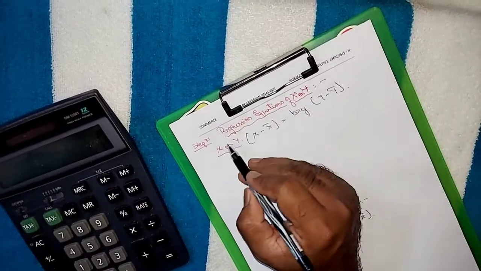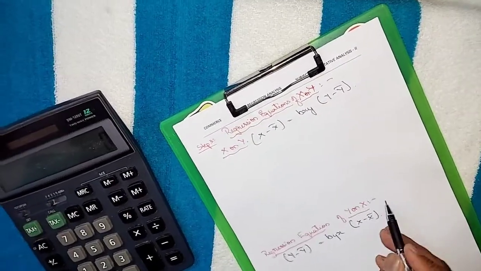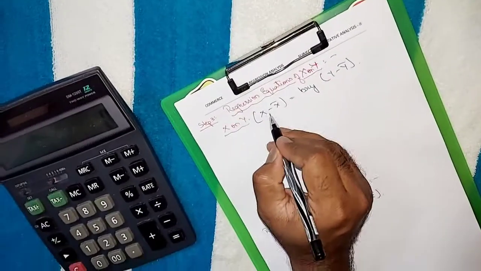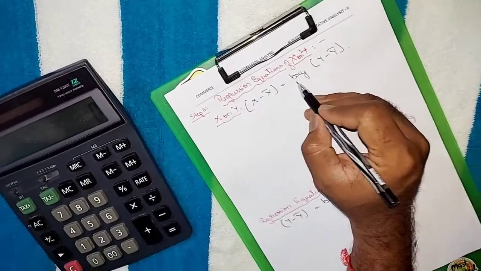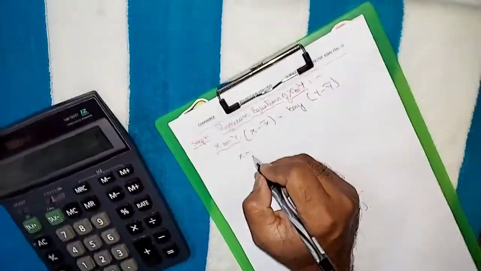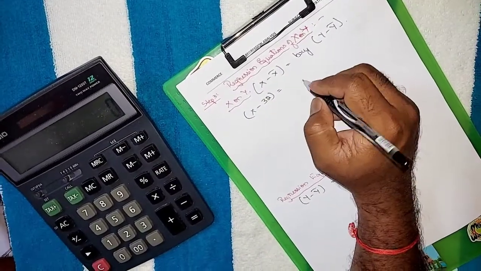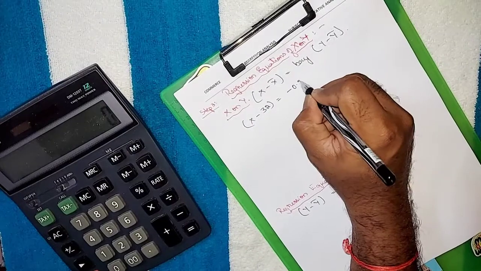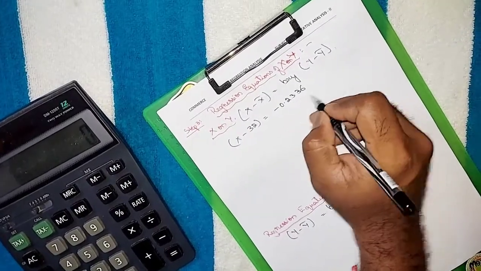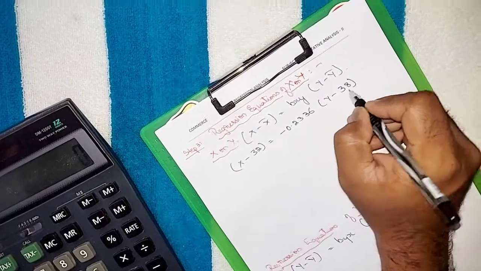Step number 3, obtaining the regression equation of x on y and regression equation of y on x. X minus x bar is equal to bxy into y minus y bar. X minus x bar, that is x minus 32, is equal to bxy, which is minus 0.2336, into y minus y bar, which is 38.